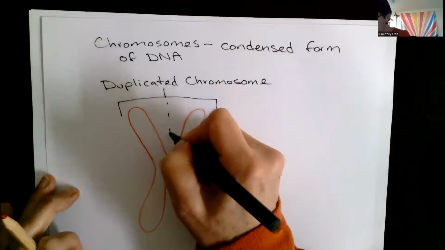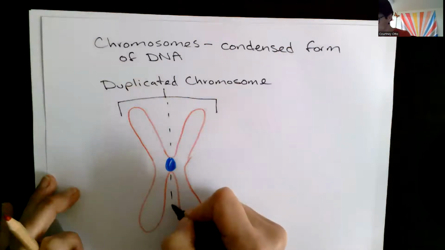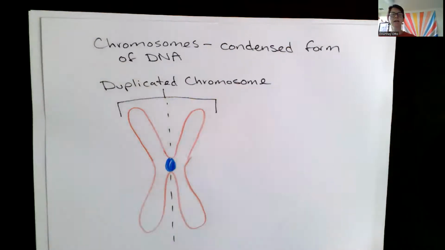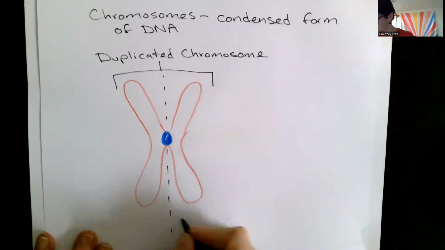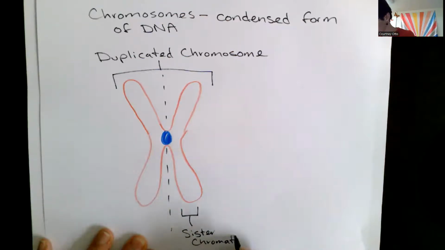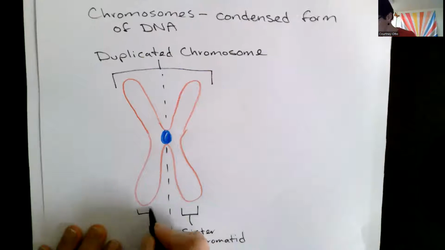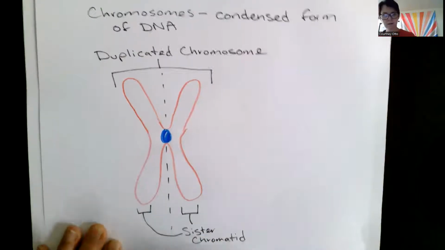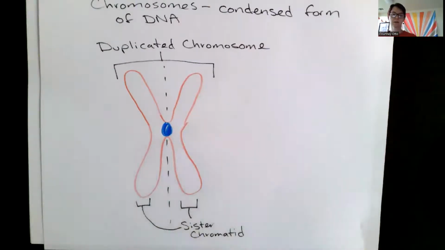And if I draw kind of an imaginary line down the center, I'm dividing up that duplicated chromosome into what we call sister chromatids. And so this half is a sister chromatid, and this half is a sister chromatid. These two are sisters to each other because they're actually going to be identical copies of each other.